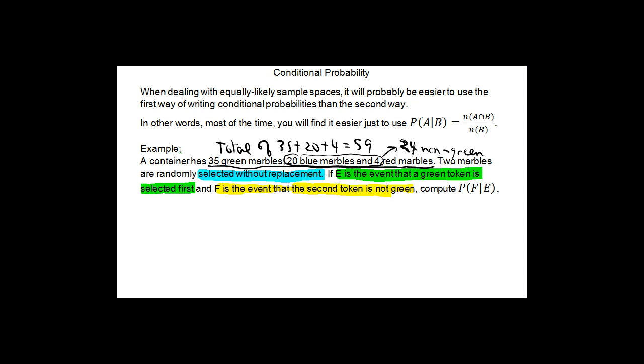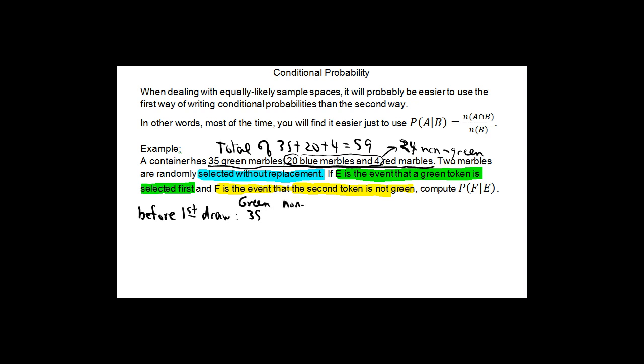Now we should be able to do the conditional probability. However, I will make a little chart as before. Let's think about before you draw the first marble out. What is the situation? Before the first draw. Well, I've sort of listed it up here, but let's formalize it. Before the first draw, there are 35 green.